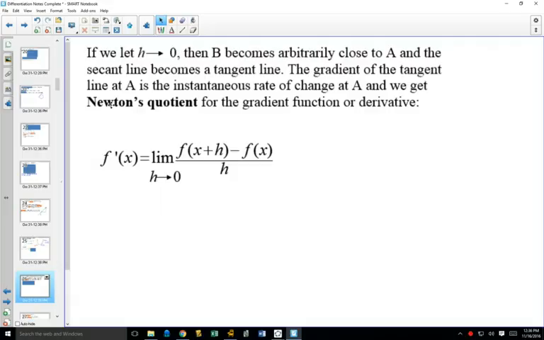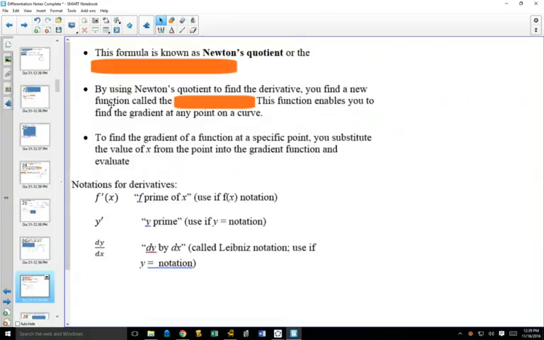And our secant line is, the top part is just your rise, f of x plus h minus f of x, over your run, which is h. So we know this formula, we call it Newton's quotient, or the first principles of the derivative. Sometimes you'll also see it called the definition of the derivative.